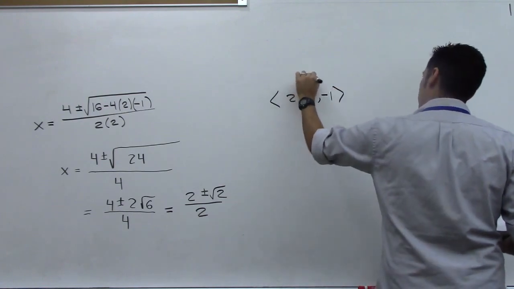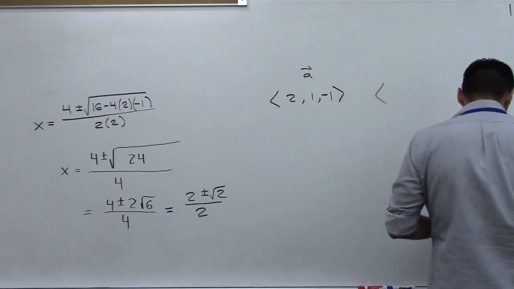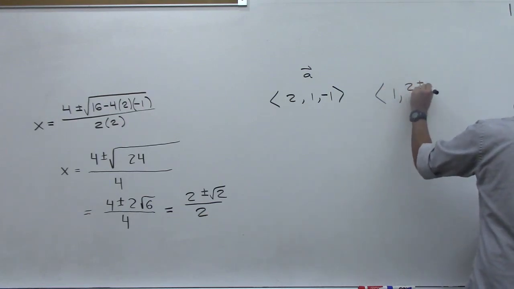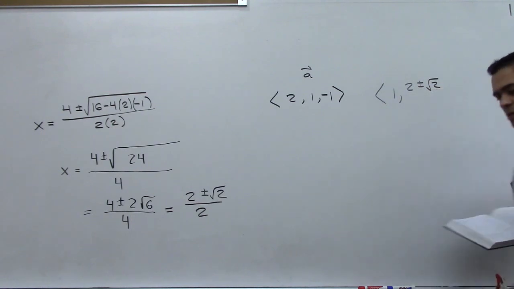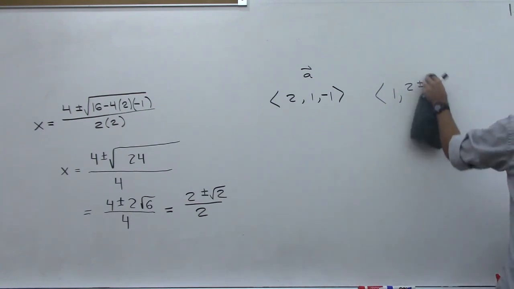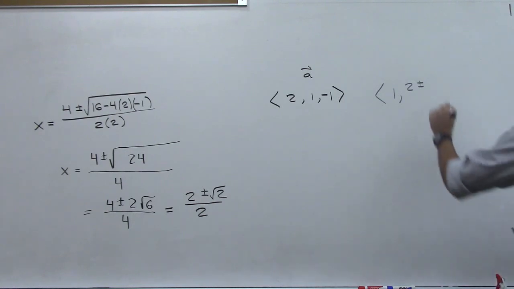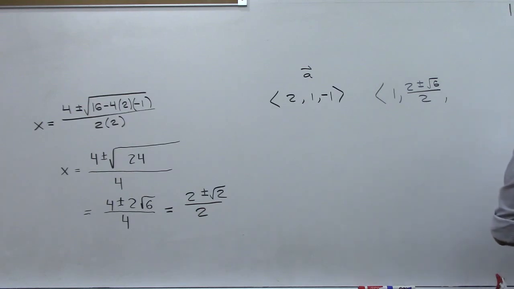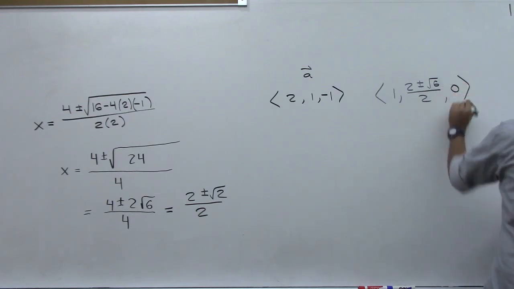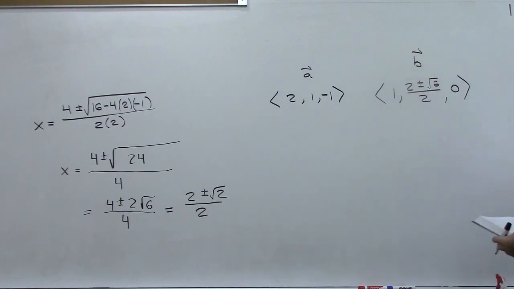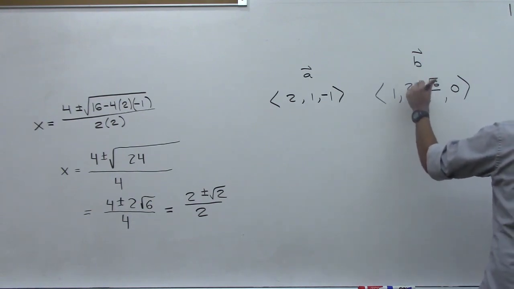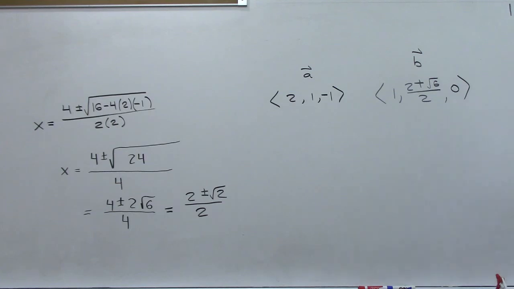That's my A. And then my B is the vector 1, x, 0, where x is what I just found, 2 plus or minus root 6 over 2. And I need to check that the angle between those is 45. So I'd have to check both the positive and the negative case. Let's just take the positive case, and I'll let you check the negative on your own.